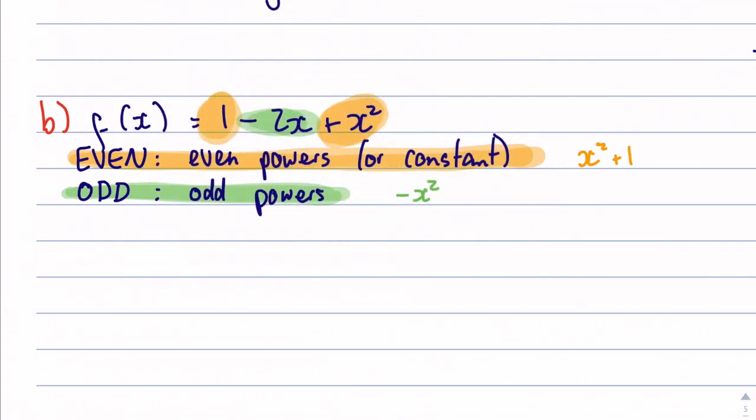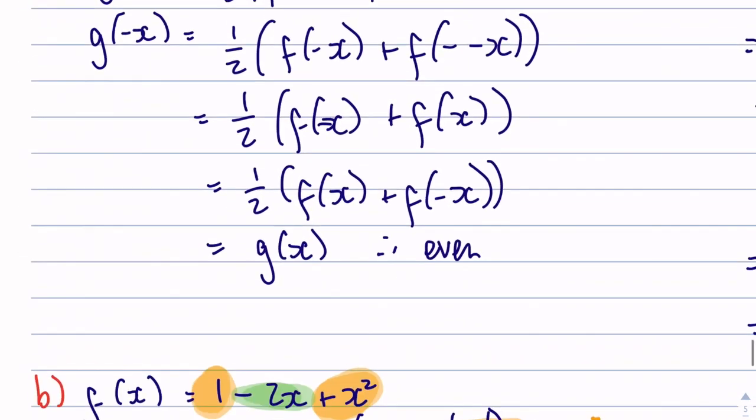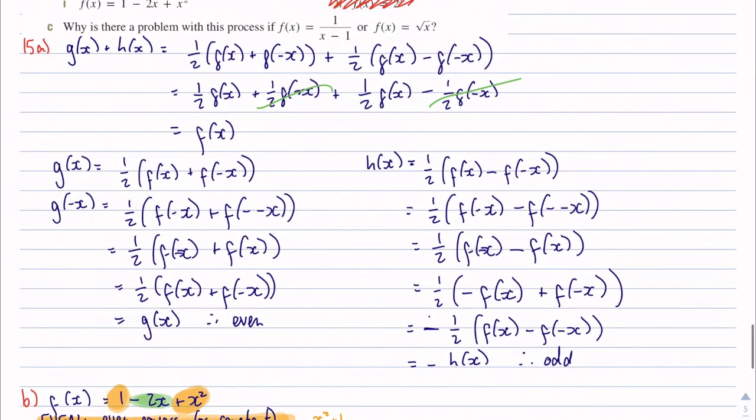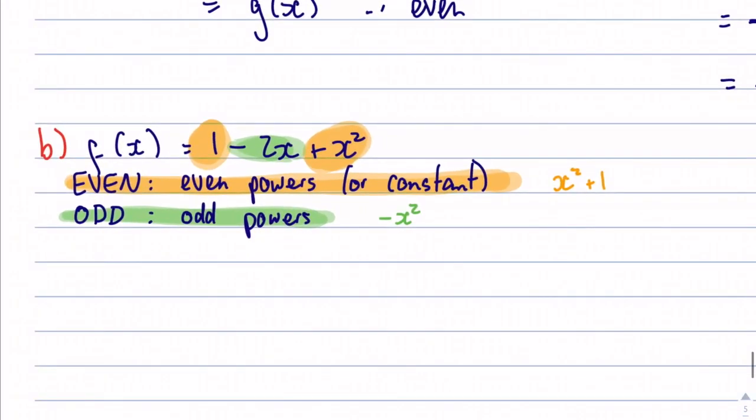So what's the question actually asking us to do? Write it as the sum of an even and an odd function. So f of x, I'm just going to write the even stuff together, x squared plus 1, plus negative 2x.